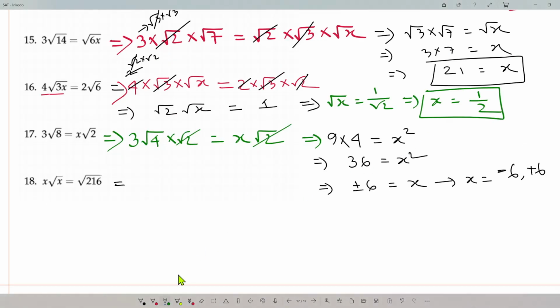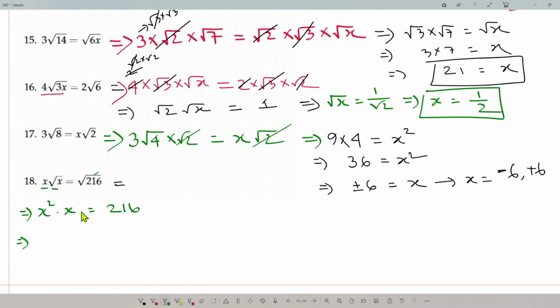Number 18 and today's last question. Here is x root x equals root 216. This one, first we can square both sides, then we will get x squared times x equals 216. It means the square root is gone.